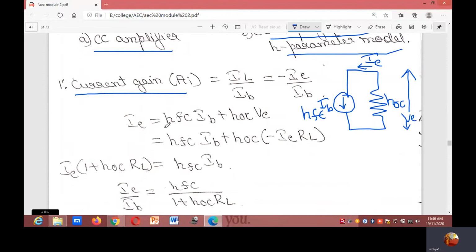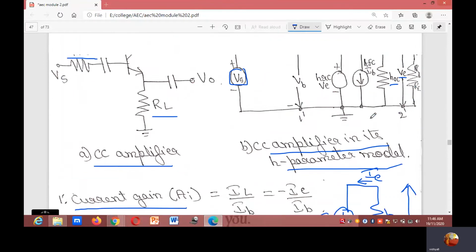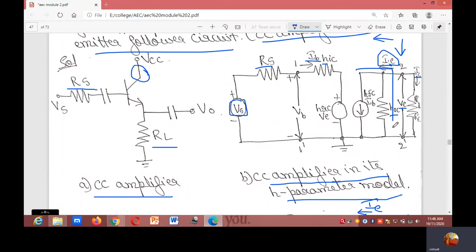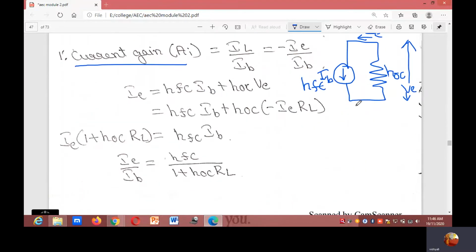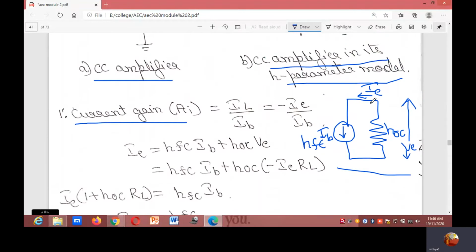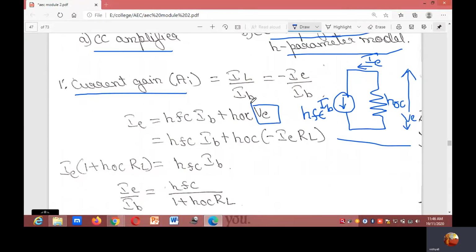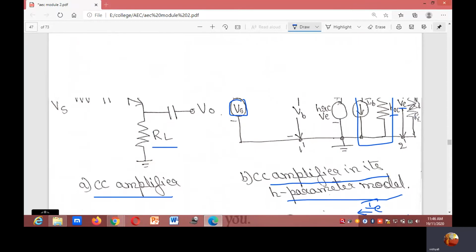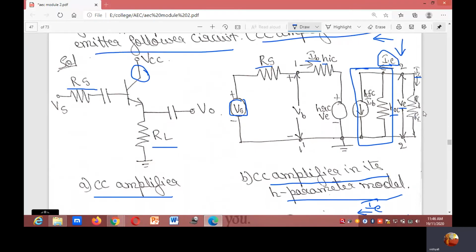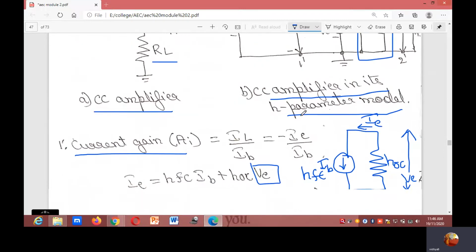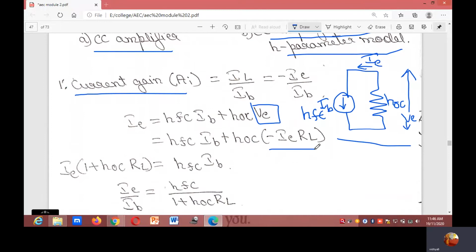To find IE we consider this circuit. From this circuit we can write IE is equal to HFC into IB plus HOC into VE. VE can be written as what? You can observe here that VE is opposite to RL, so VE can be written as IL into RL, that is, minus IE into RL.